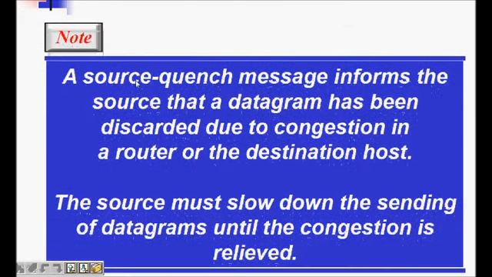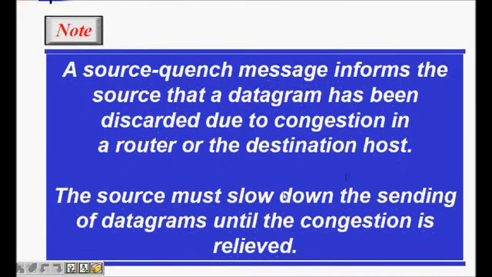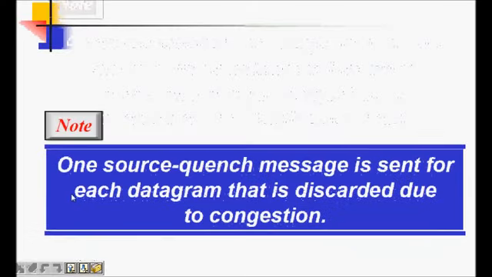The source quench message informs the source that a datagram is discarded due to congestion in the router or the destination host, and so the source must slow down the sending of datagrams. It is saying, please stop sending or slow down so that I can manage. One source quench message is sent for each datagram that is discarded.